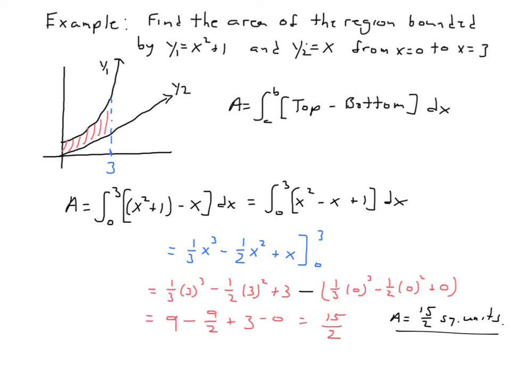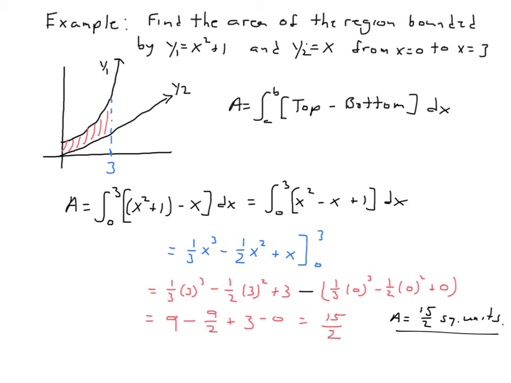So my area is going to be the integral from 0 to 3 of x squared plus 1 minus x dx. Now I went through and simplified that, and you have the option to do that. You can choose to do it, or you can choose not to. I just put it into that traditional descending order. So that is the integral from 0 to 3 of x squared minus x plus 1 dx.